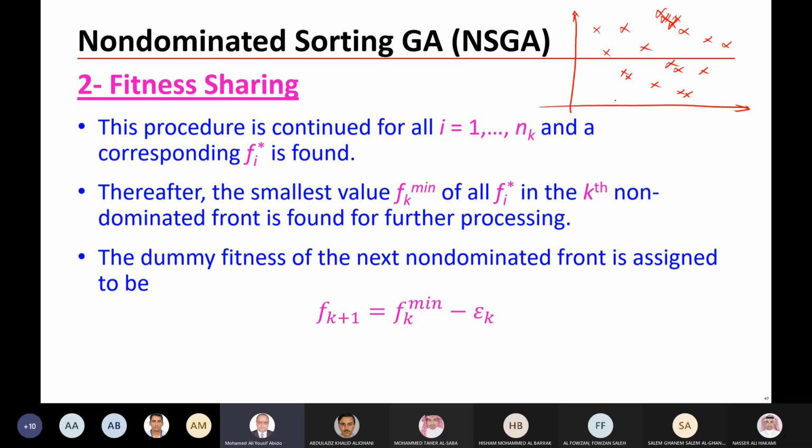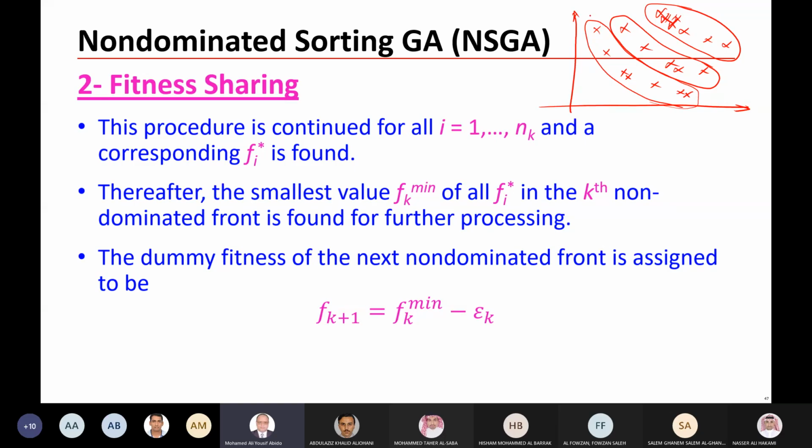What you'll do, you identify the fronts, of course, or ranking. Is it clear? You do ranking. So this is the first front, this is the second front, and this is the third front. Okay? Now let us start to set the fitness.